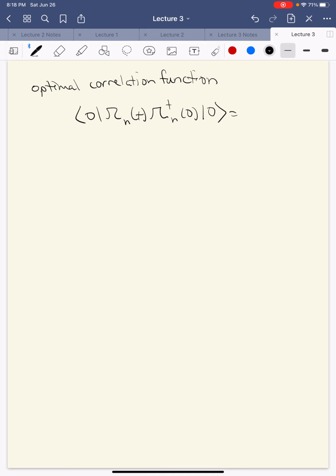And this I would like to scale like e to the minus E_n t, where n is the state I'm interested in, plus some extra stuff.